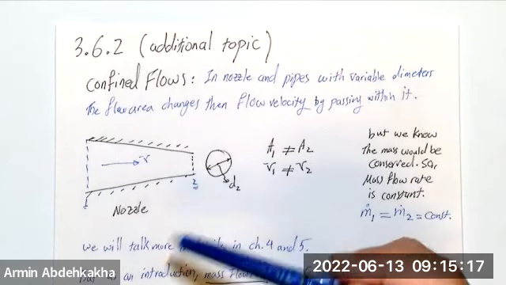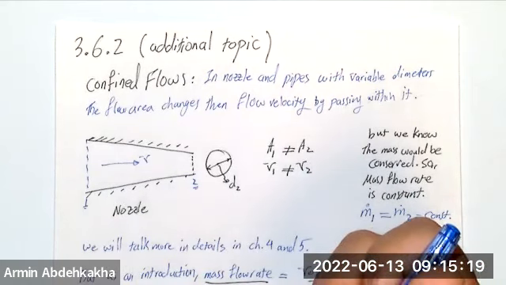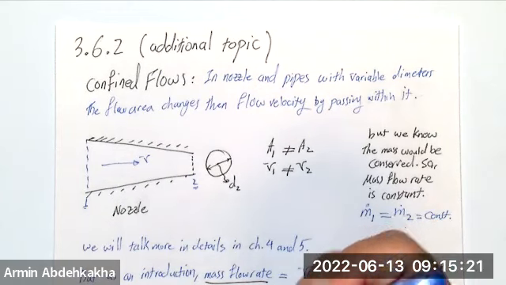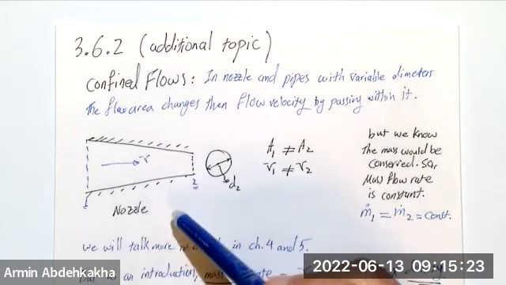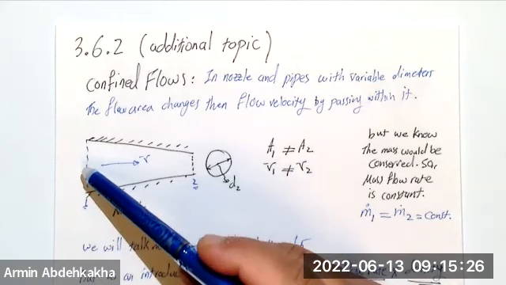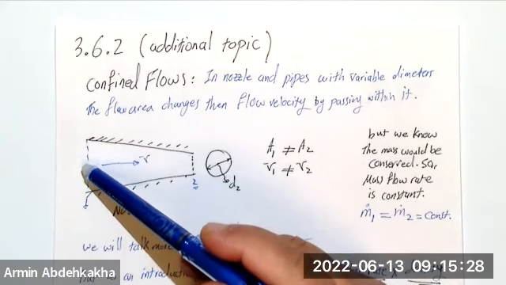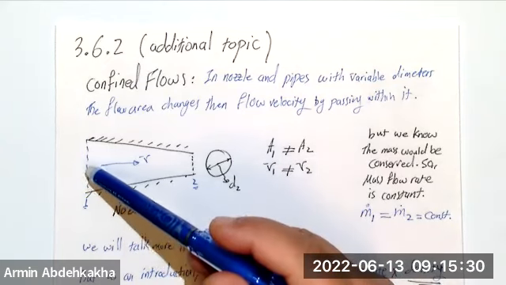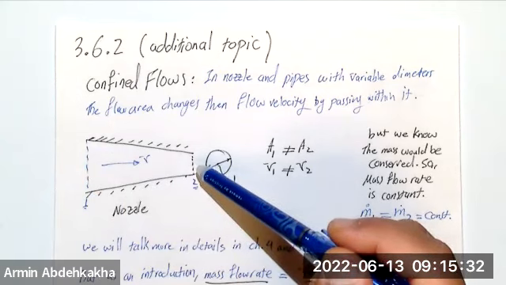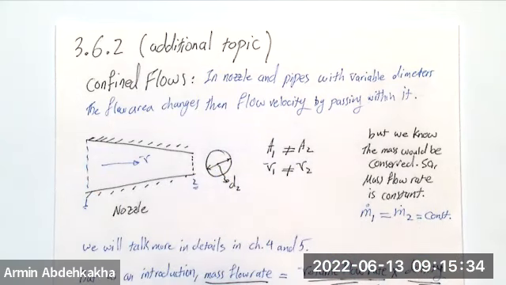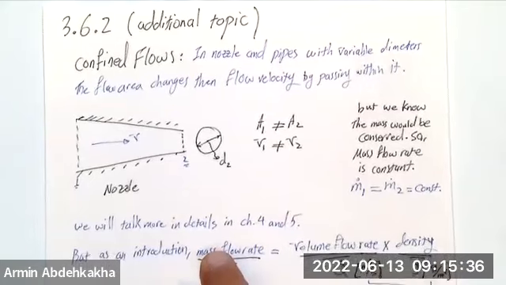This is not possible, right? So we need to find an equation for the velocity. You measure velocity at point 1, calculate velocity at point 2. How can we connect these two?